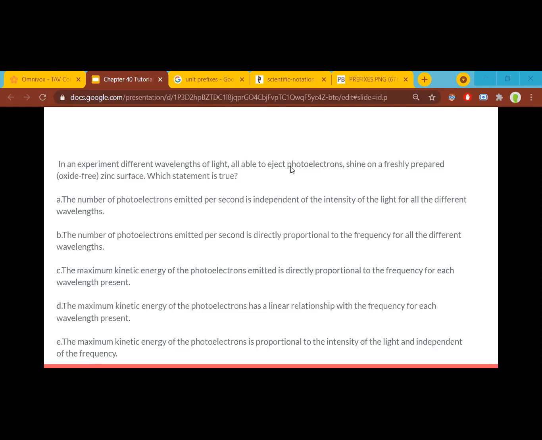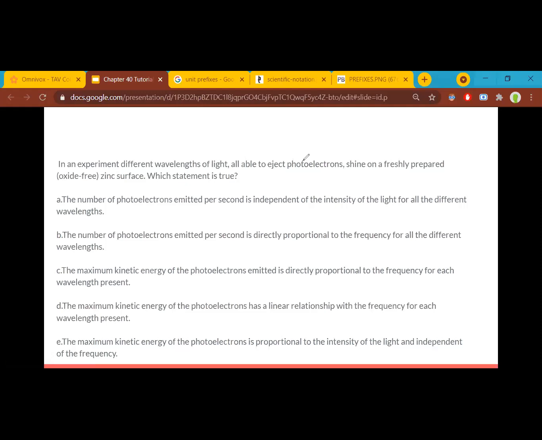Okay. Well, let me go through the questions. One of these statements is true, or the rest are false, right? So let's see. First one says the number of photoelectrons emitted per second is independent of the intensity of light for all different wavelengths.